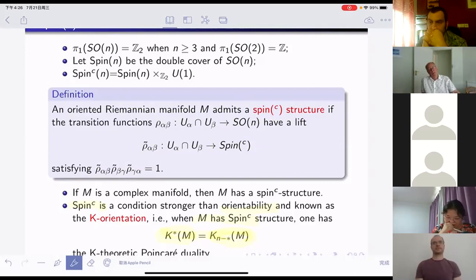Remember that the canonical Poincaré duality requires M to have orientability so that the homology and cohomology can be isomorphic. And here we have the homology and cohomology on the K-theory level to be isomorphic, and that requires the spin^c condition.